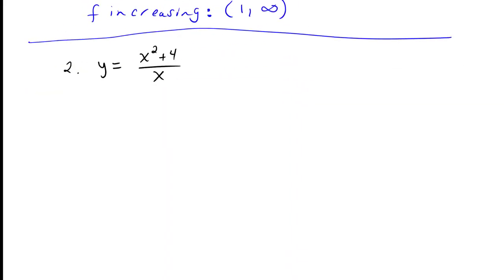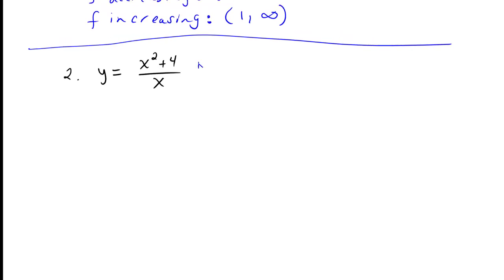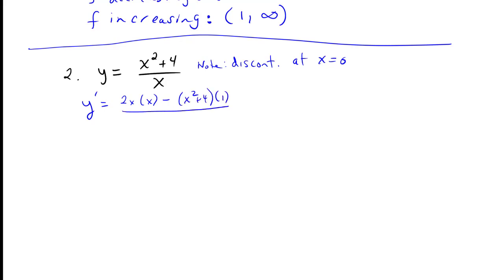Okay, let's take a look at another one. All right, y equals x squared plus 4 over x. The first thing I'm going to do is note that there is a discontinuity at x equals 0. That might be important later on. So if I'm going to take this function, I'm going to need to know the derivative. So quotient rule: derivative of the top, 2x, times the bottom, x, minus the top, x squared plus 4, times 1, the derivative of the bottom, over the bottom squared.